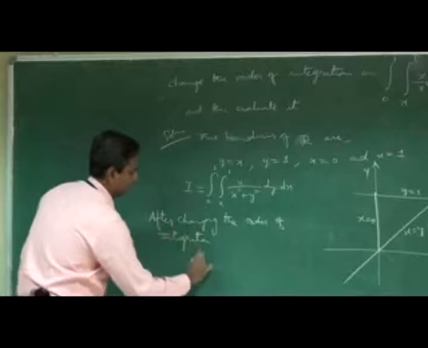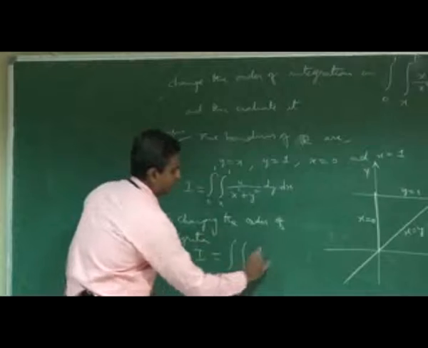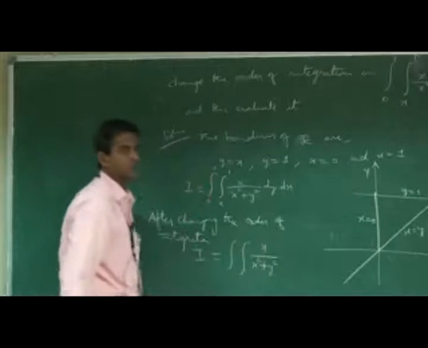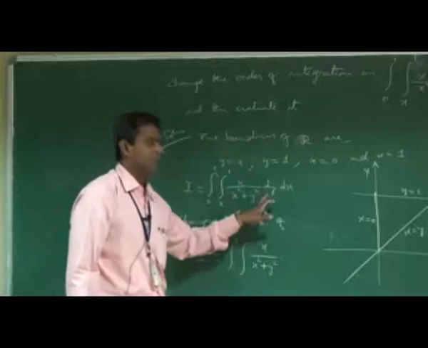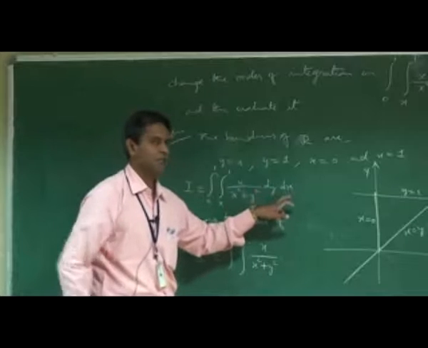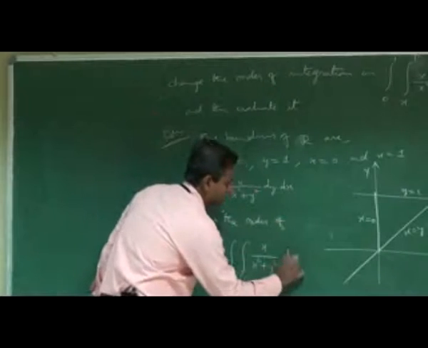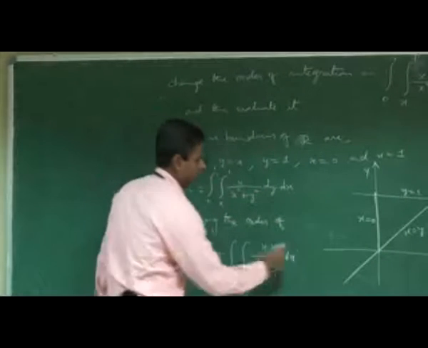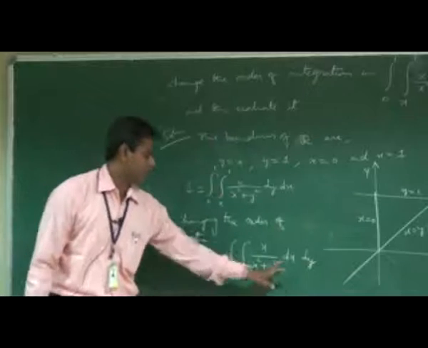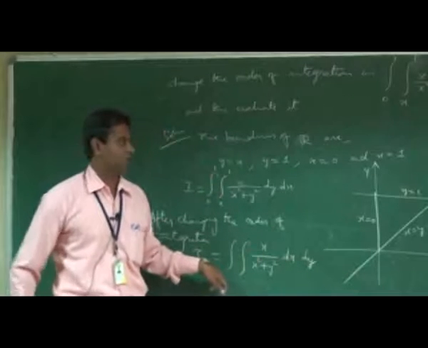After changing the order of integration, we get I equal to the double integral of x divided by x squared plus y squared, which is a function you don't change. The original first integration is dy and second is dx, but here we take the first integration with respect to x and the second integration with respect to y. So what is the limit for the first integration, and what is the limit for the second integration? We will fix it.